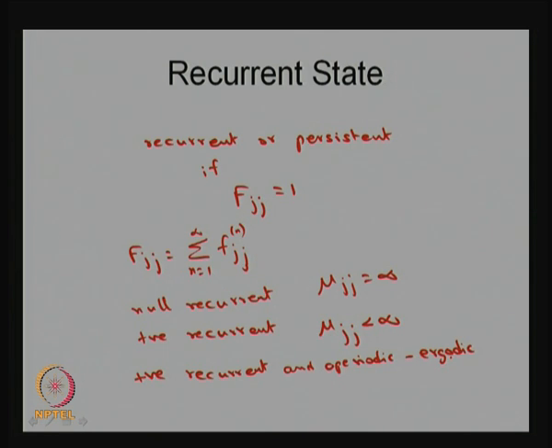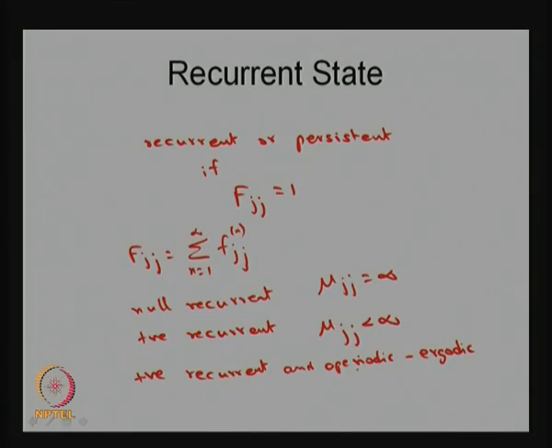In a Markov chain, if all the states are ergodic, that means all the states are positive recurrent as well as aperiodic, then we call that Markov chain itself an ergodic Markov chain. That means there is a possibility the Markov chain may be irreducible.